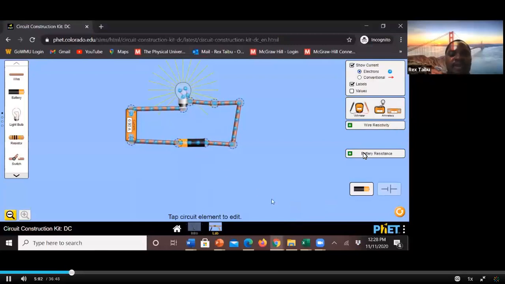Okay. Now a guy known as Ohm discovered that whenever you increase the voltage, the battery voltage or the energy of the battery, more current flows in the circuit. Right now, we have 9 volts. So we can increase the current.